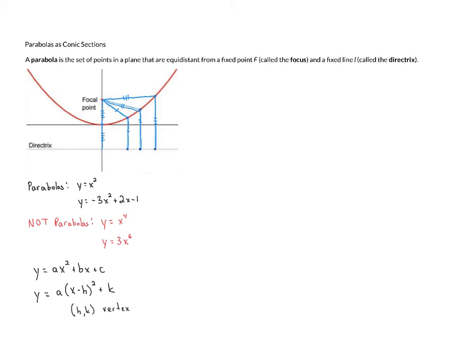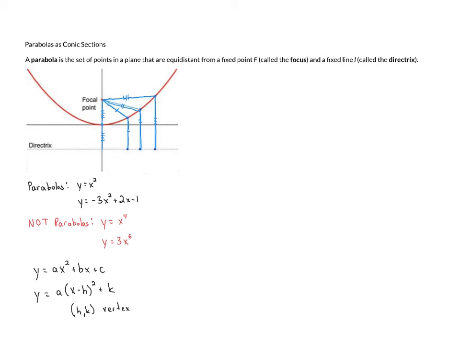But now that we've learned the geometric definition of a parabola, we're not just going to want to deal with the vertex, we're also going to want to be able to look at the focus and the directrix. So we're going to look at a new form for parabolas that's going to be different from these two, and it's going to focus on the focus and the directrix.